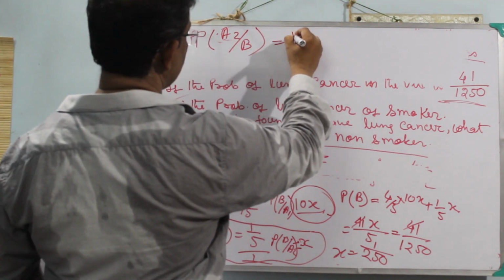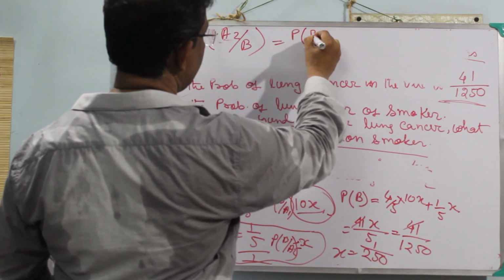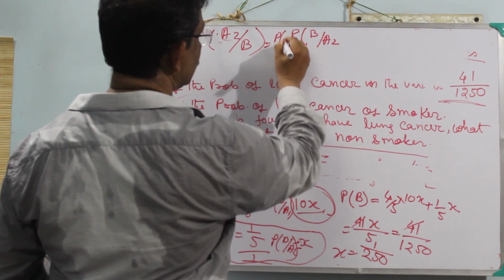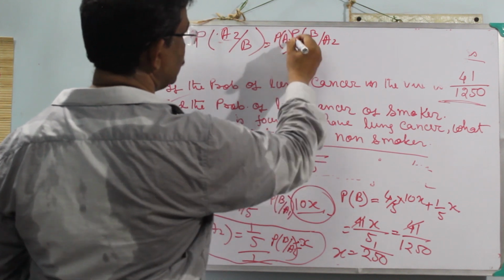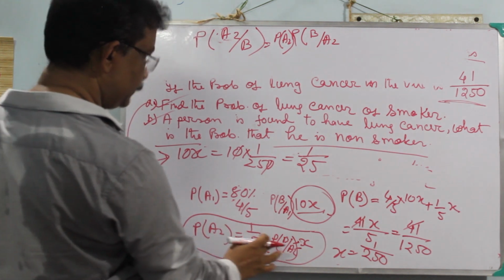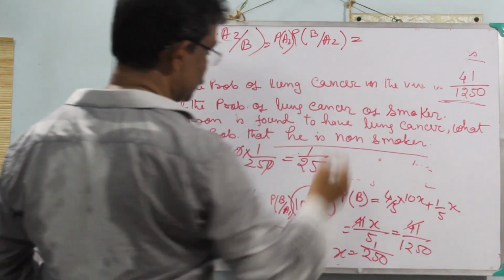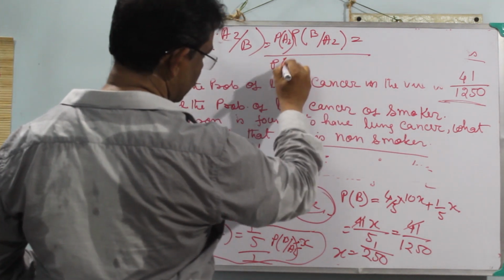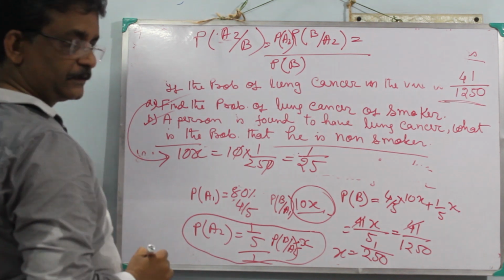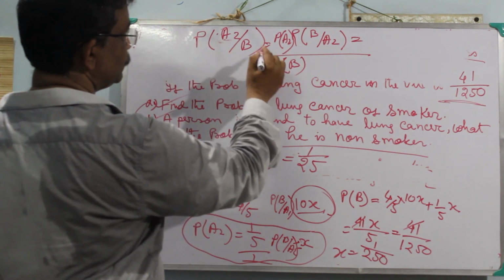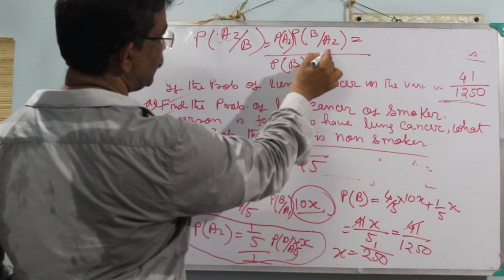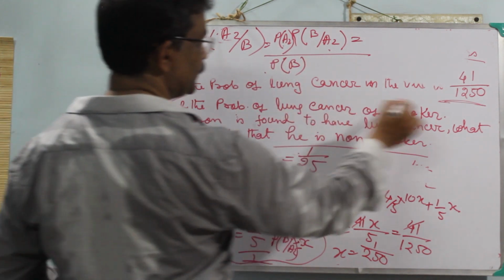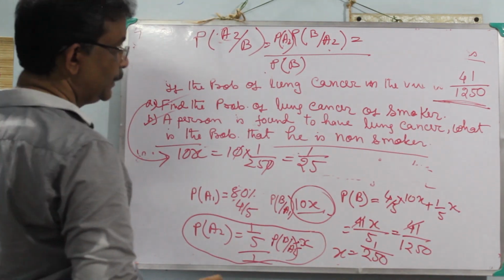So this equals probability of B when A2 has occurred into probability of A2, whole divided by probability of B. Probability of B is given as 41 by 1250.